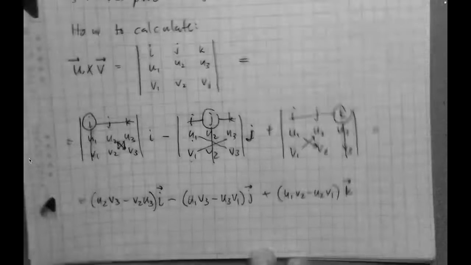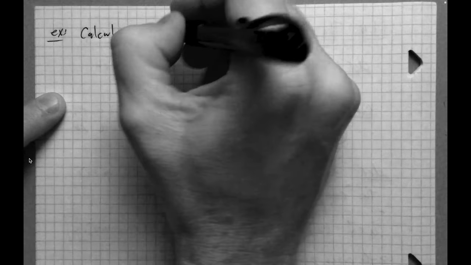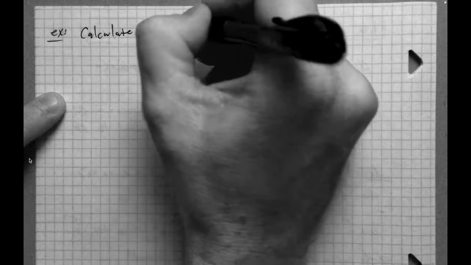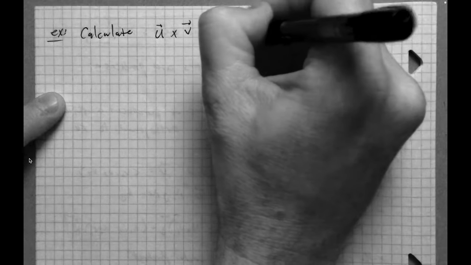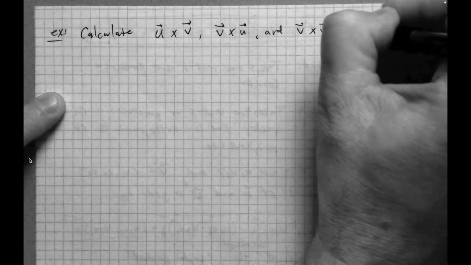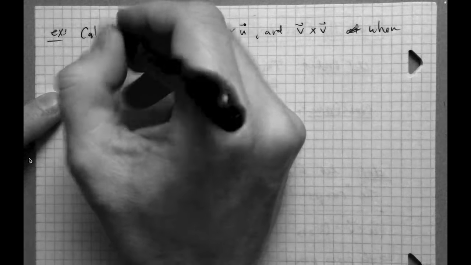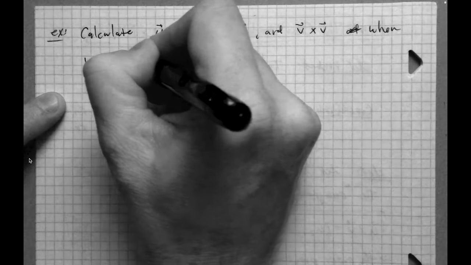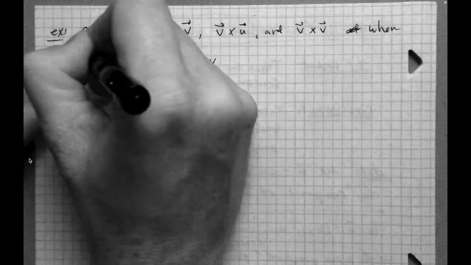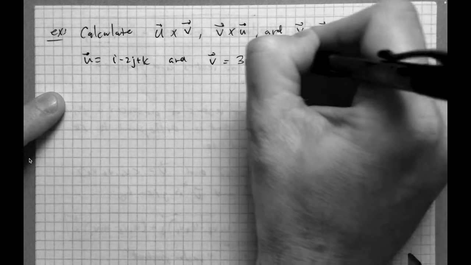All right, let's do an example with some actual numbers. Let's calculate U cross V, V cross U, and V cross V, when U equals i minus 2j plus k and V equals 3i plus j minus 2k.